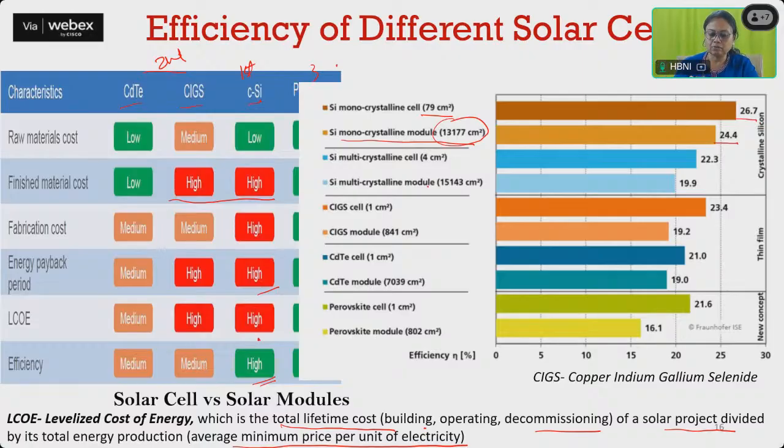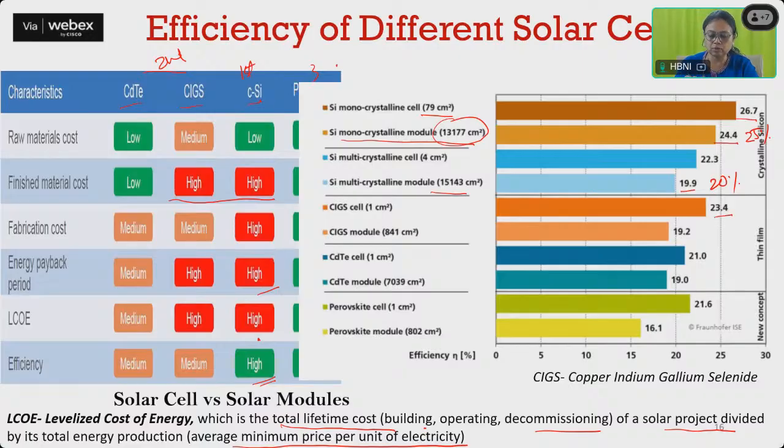Multicrystalline silicon is around 19.9. I have written this as 25%. This was around 20%. Now for a CIGS cell of 1 centimeter square, just 1 centimeter square, it has a very high efficiency, 23.4%.